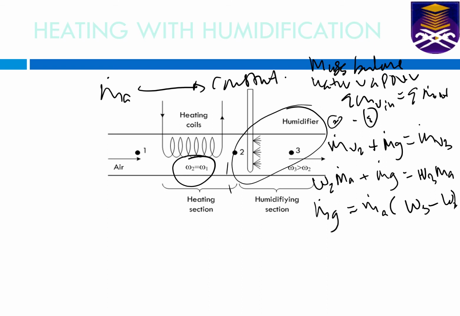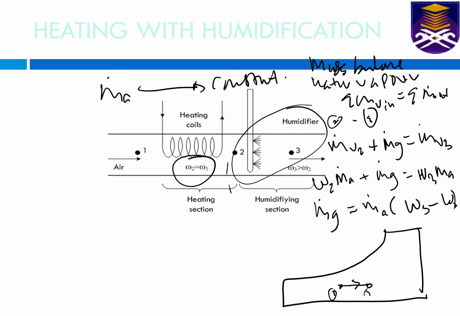If we look at the psychrometric chart, this is state 1, moving to state 2, and this is state 3, where the specific humidity is increased.